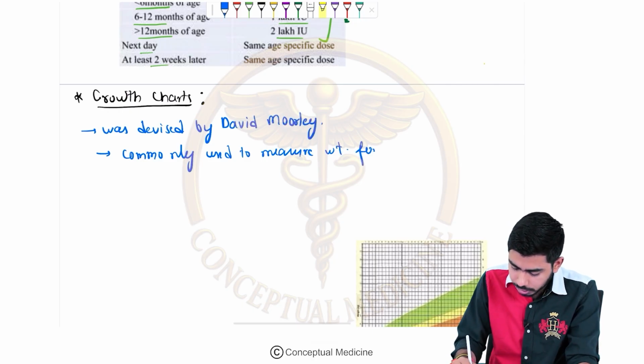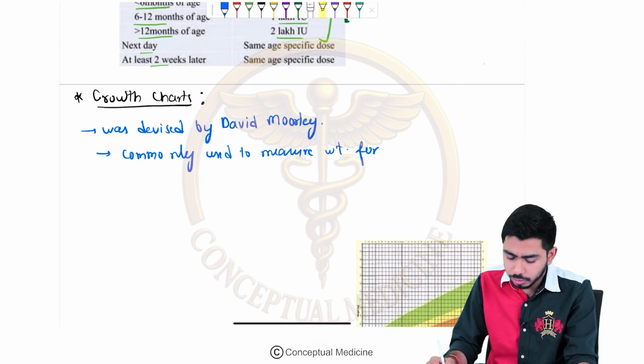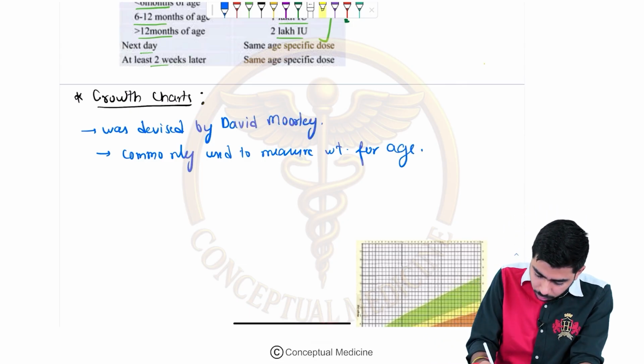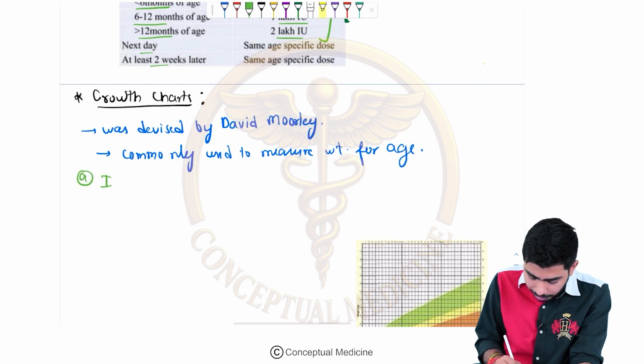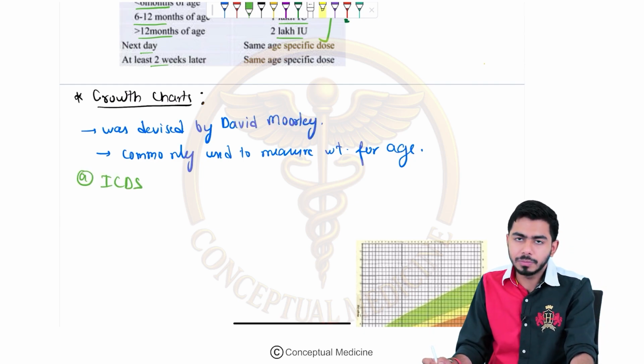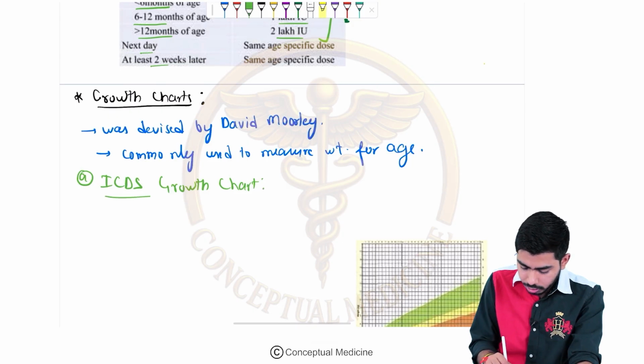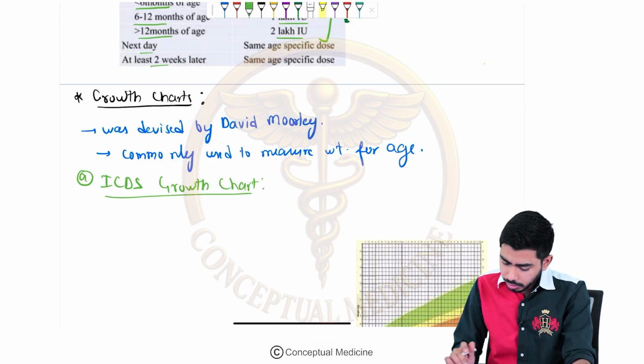That is a sensitive indicator for malnutrition, right? Weight for age component, right? So here we shall be talking about 2 important ones. One is the ICDS chart, that is the Integrated Child Development Services growth chart, right? So let's talk about the ICDS growth chart.